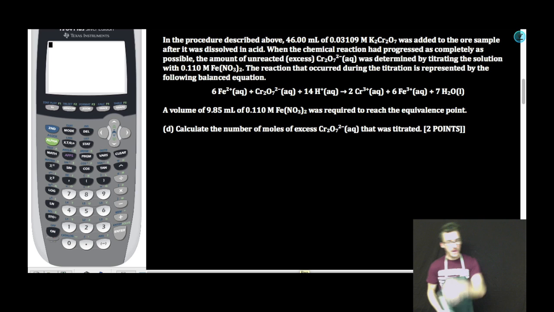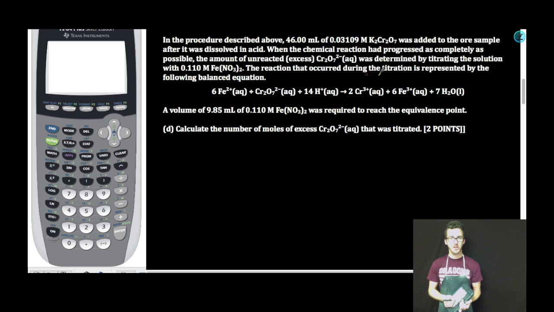Blast off. All right, as we keep this party rolling, in the procedure described above, 46.00 mL of 0.03109 molar potassium dichromate was added to the ore sample after it was dissolved in acid. When the chemical reaction had progressed as completely as possible, the amount of unreacted excess dichromate ion was determined by titrating the solution with 0.110 molar iron(II) nitrate.